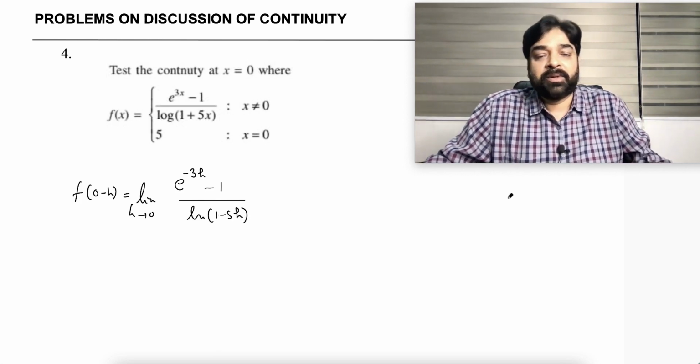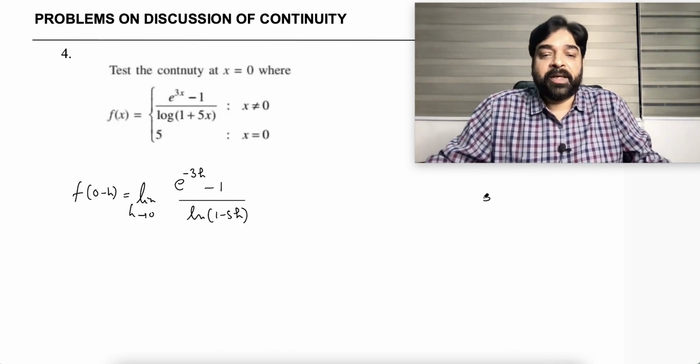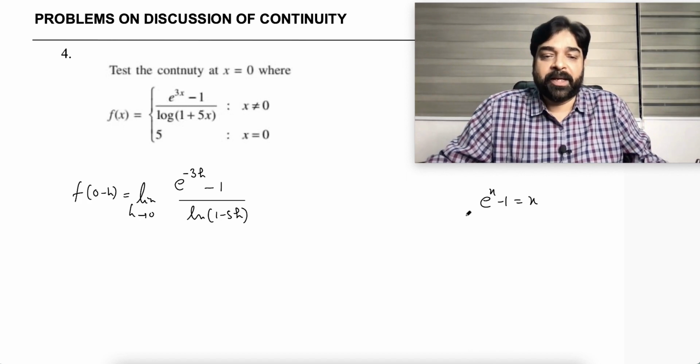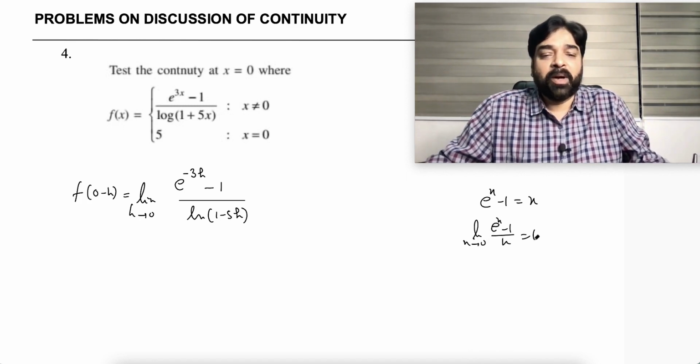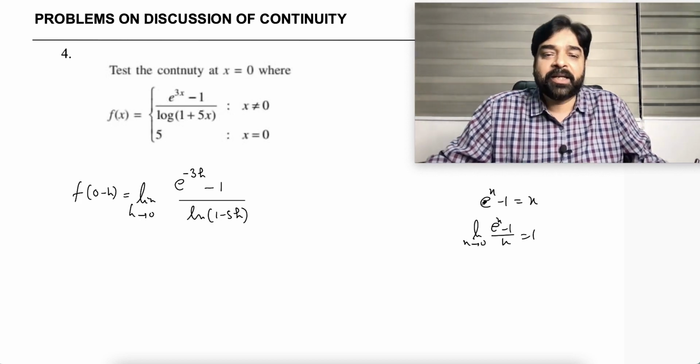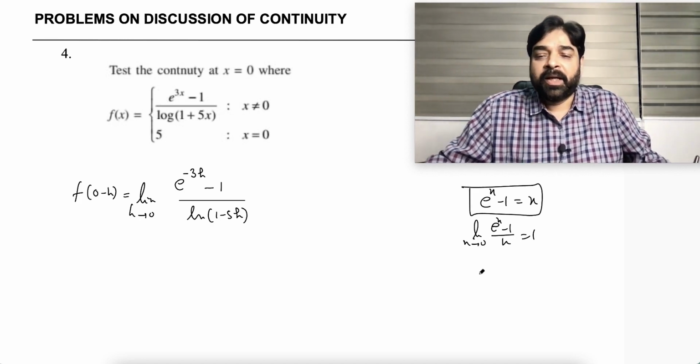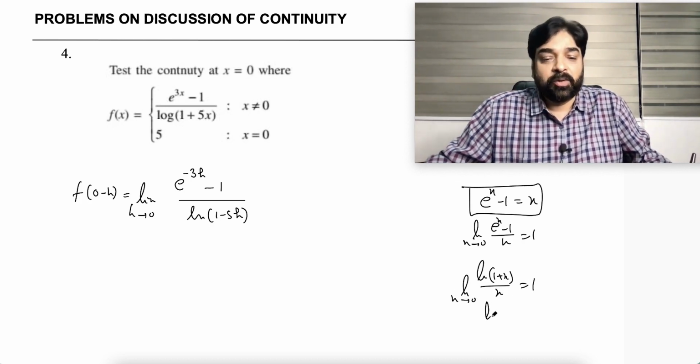Yes or no? Try to recall. e power x minus 1 is what? x. Limit x approaches 0, e power x minus 1 by x equal to 1. So e power x minus 1 I can write as x. Correct? And ln 1 plus x by x is also equal to 1 for limit x approaches 0. So ln 1 plus x also I can write as x.